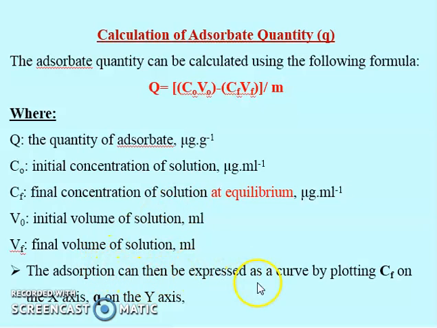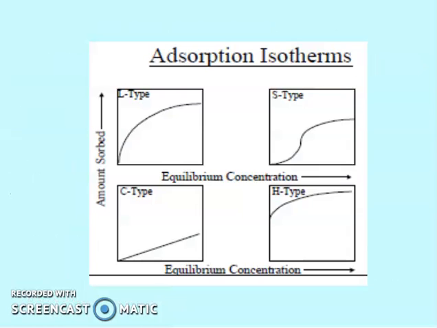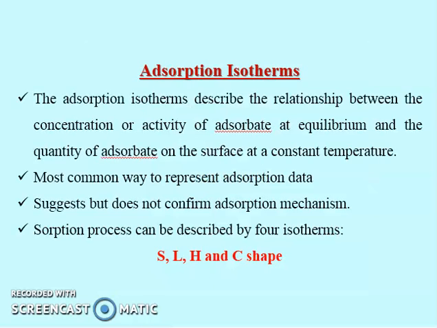So you can then express a curve between the final concentration, the concentration at equilibrium. What do we mean by equilibrium? After shaking, this is called the concentration after equilibrium. If you plot C final on the x-axis and Q on the y-axis, you will have a curve called the adsorption isotherm curve.